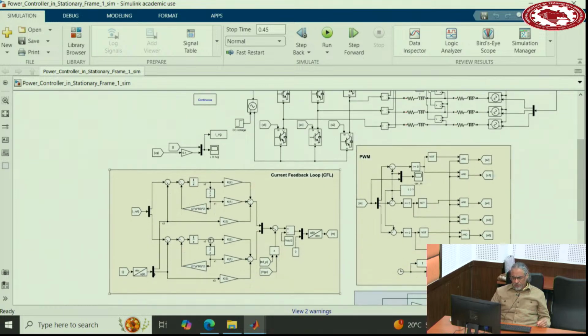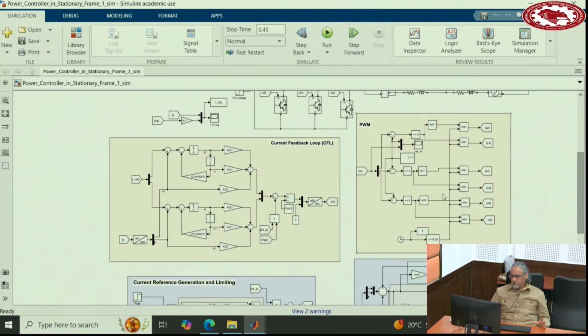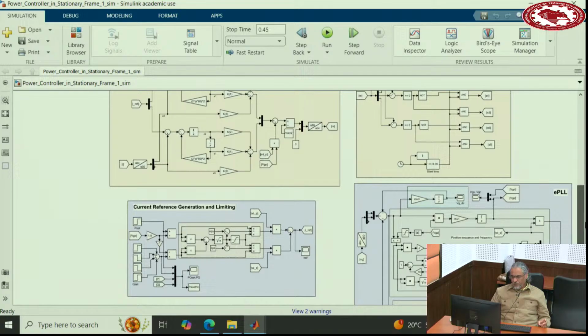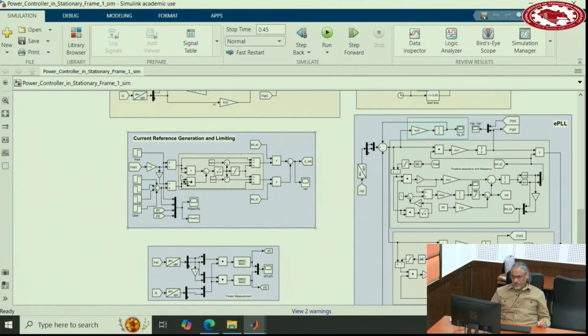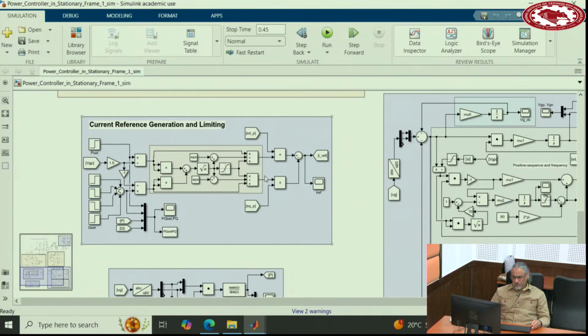The controller: there are two separate controllers, one for alpha, one for beta. And then after that, you convert alpha, beta to ABC. PWM, yeah, three PWMs, bipolar. And this is the current limiting part and reference generation that uses SDP and SQP.